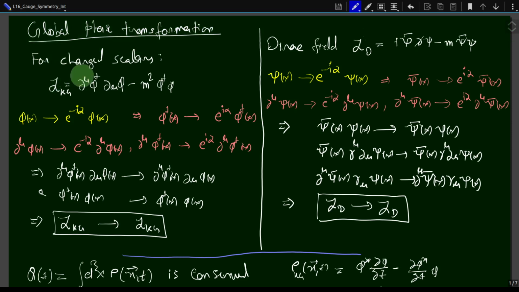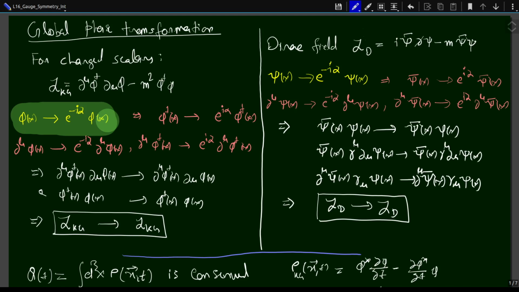So what do we have for the case of the charged scalar? This is the Klein-Gordon Lagrangian for the charged scalar. This is del mu phi dagger del mu phi minus m square times phi dagger phi. Okay, and the phase transformation is that phi of x goes to exponential minus I alpha times phi of x.